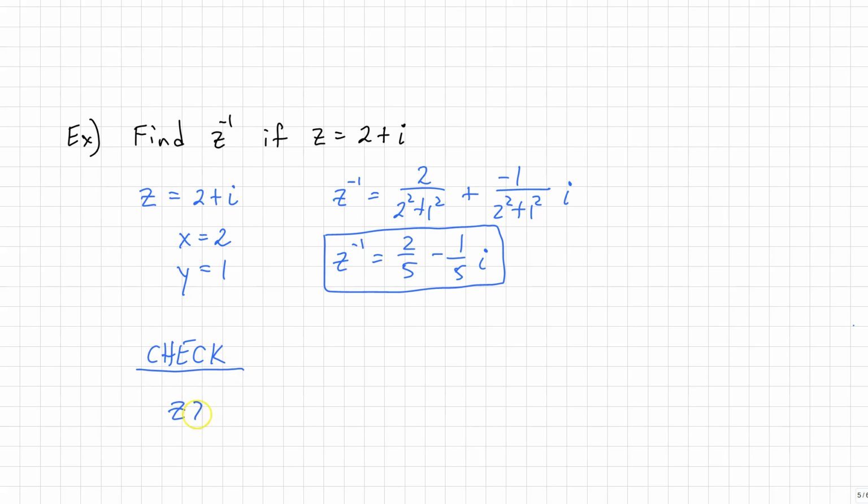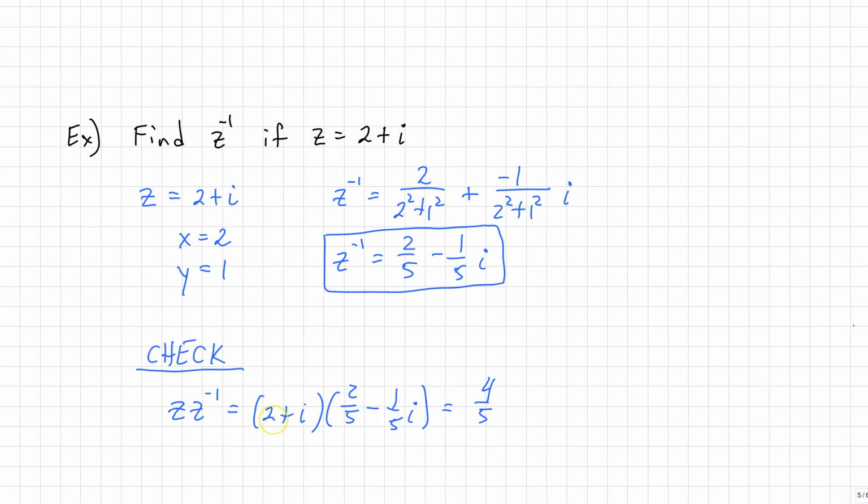So if we take z times its multiplicative inverse, we'd have 2 plus i times 2/5 minus 1/5 i. So we would get 2 times 2/5 is 4/5.